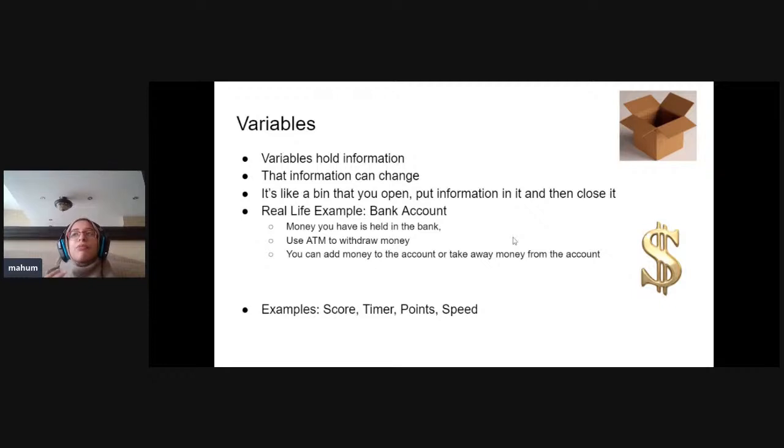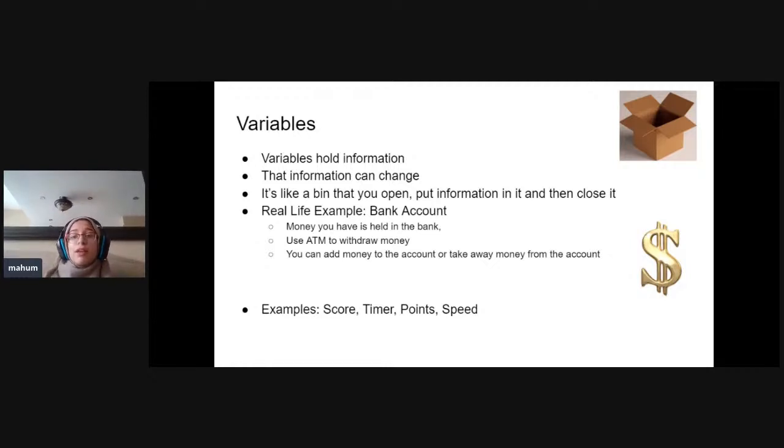Now, examples in real life coding of variables would be scores and timers and points and speed, right? We want to keep track of how many times the player has made a goal. We want to keep track of the timer. Maybe the timer is going down and we have a 30-second timer, or maybe we just want to see how long this person takes to solve the puzzle. We have points, similar to score.